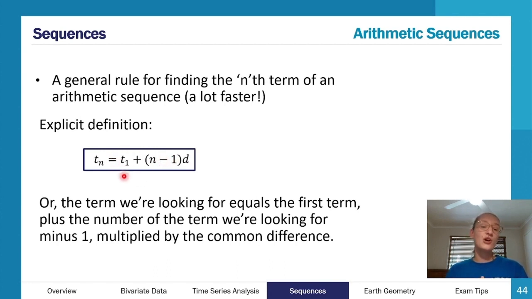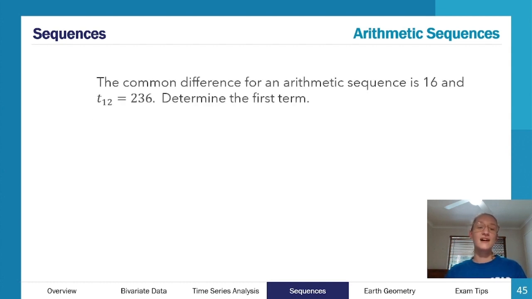So I'm taking my term 1 and then adding my common difference 24 times so that I can get to my 25th term. That's conceptually how I see it, but that may or may not make sense in your mind. As we practice it a little bit more, hopefully the rule will start to make sense in your head.